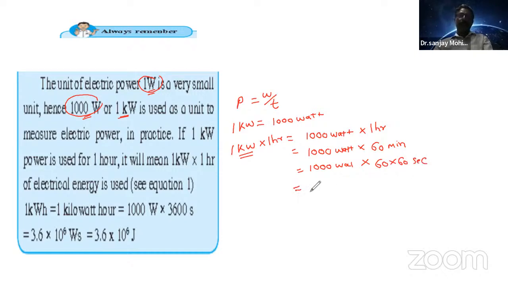So the total multiplication will be 1000 watt into 60 into 60, that is 3600 seconds. And the total multiplication will be 3600 multiplied by 1000.